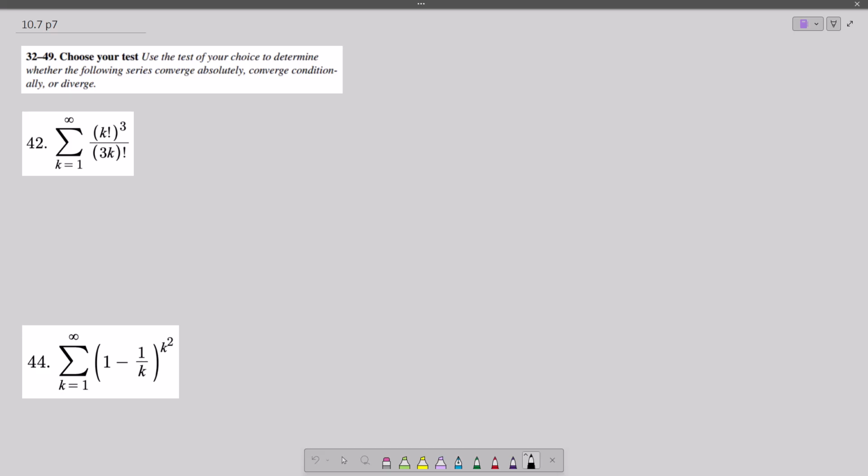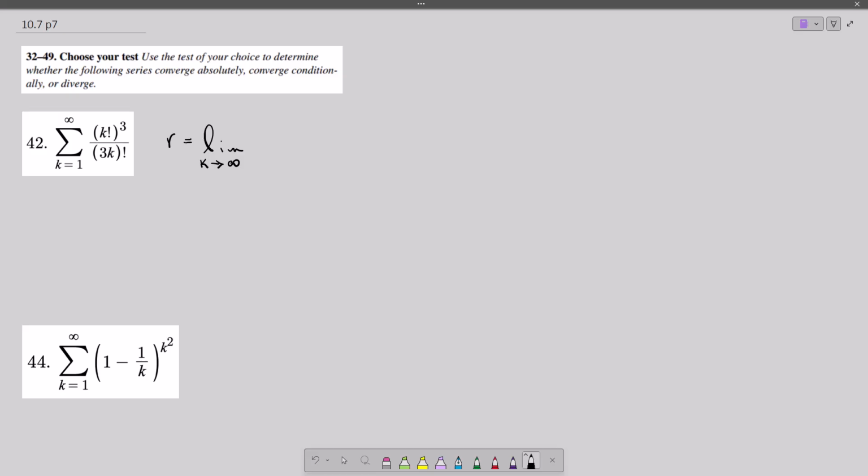Generally they use the letter R in this book to represent the limit of the ratio of consecutive terms. So we're going to look at a sub k plus 1 over a sub k.